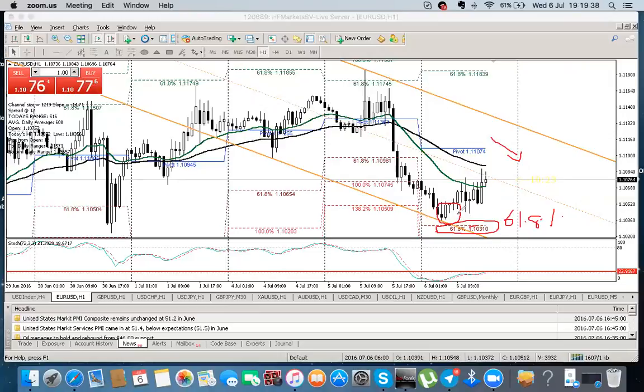So I don't want to sell here and get stuck with the trade. If I put a sell order somewhere here, my SL should be somewhere here above this pivot, or the highest I can do is the 61.8.